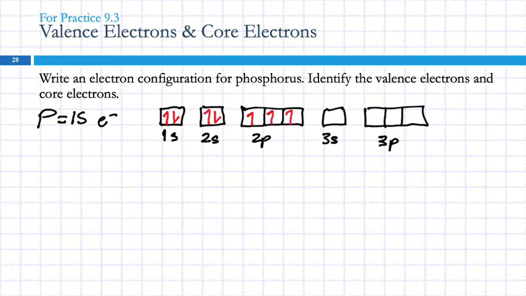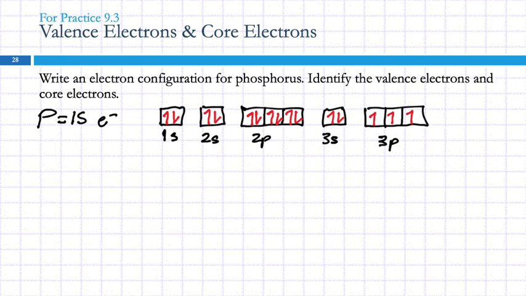Now they have to pair up. 8, 9, 10, 11, 12, 13, 14, 15. We've got all the electrons in there. How many unpaired electrons does this one have? 3. There are 3 electrons that have their own beds.